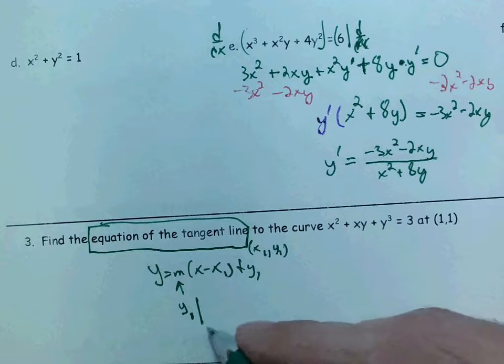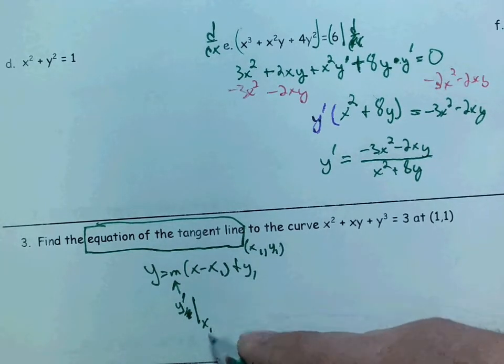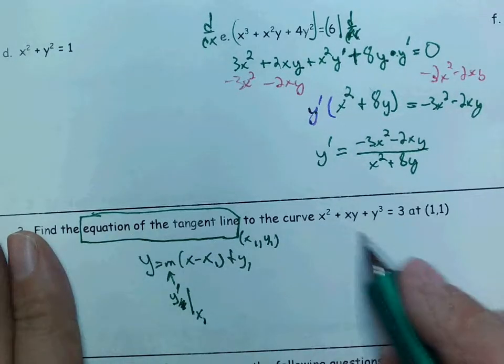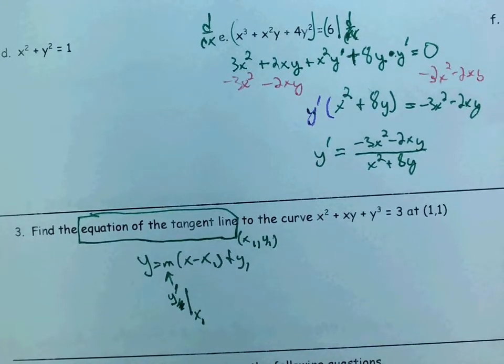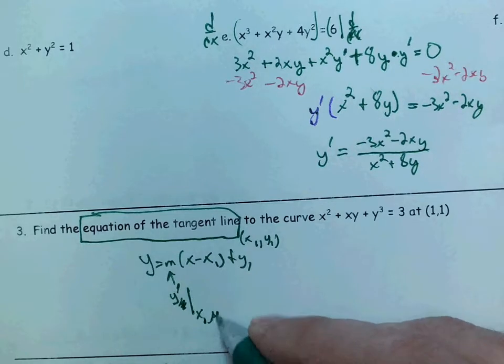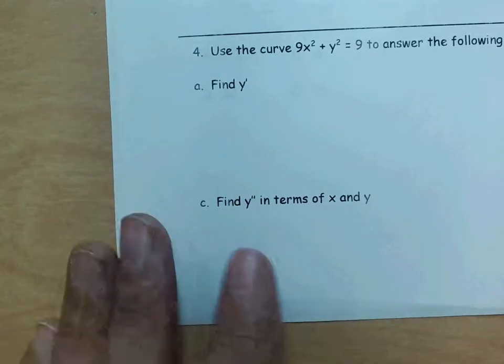This is going to be y prime evaluated at, y prime, not y1. Y prime evaluated at the x value, which in this case is 1. So we're going to find the derivative using implicit differentiation, plug in the x value, and maybe the y value as well. So we're going to evaluate the derivative, and that'll be our slope for our tangent line.